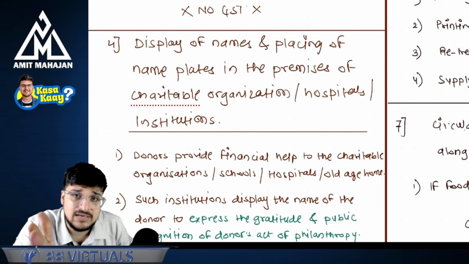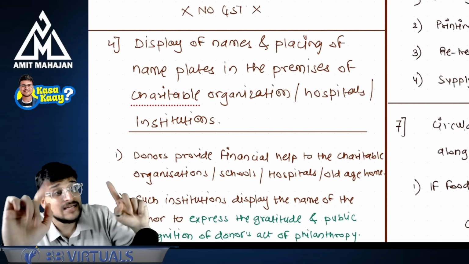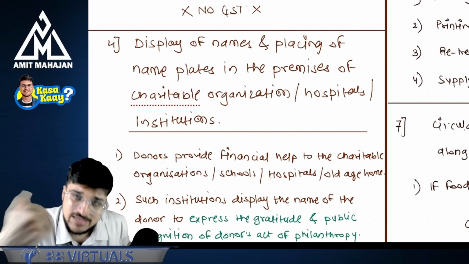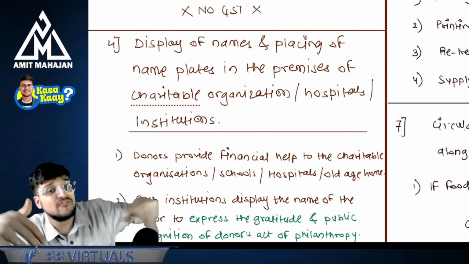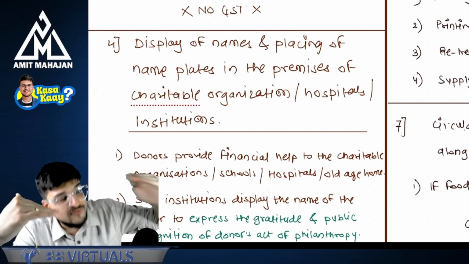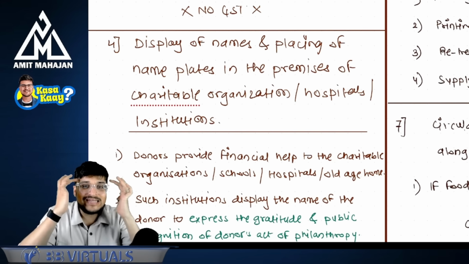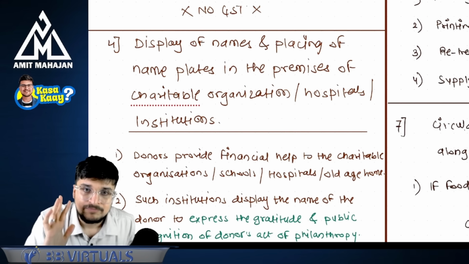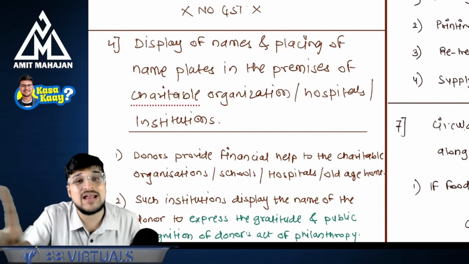Because if it is a condition, then you can say that I paid 10 crores on the condition that if you write my name, only then will I pay 10 crores. Did I say this? No. It was not my condition. I paid 10 crores, and out of gratitude, they wrote my name. Even if they are not writing my name, I'm okay. Which means my intent is not advertisement. My intent is pure donation. And in this case, display of names and placing nameplates will not be considered as advertisement.